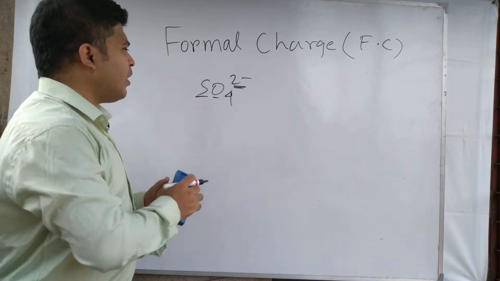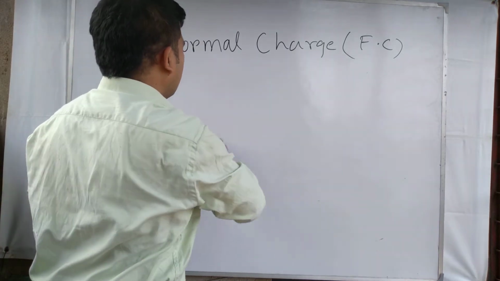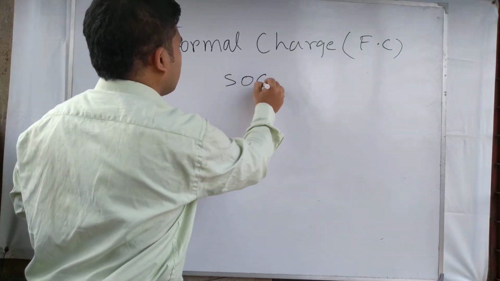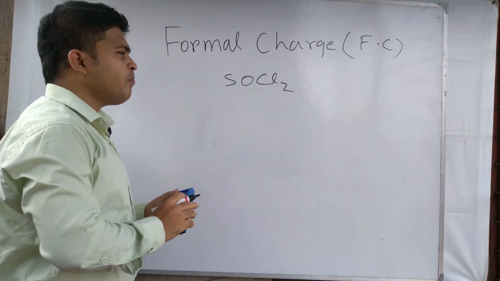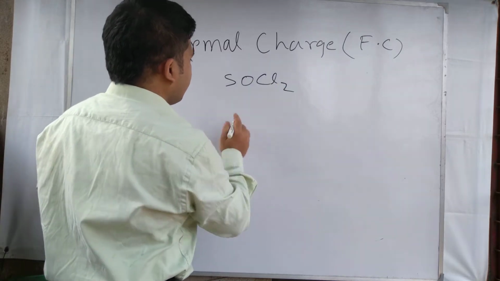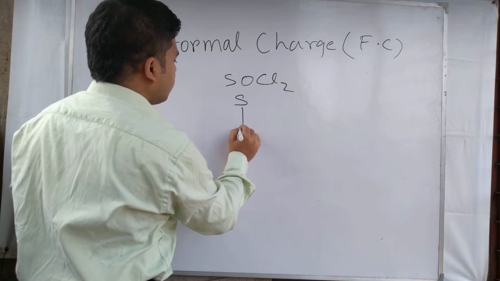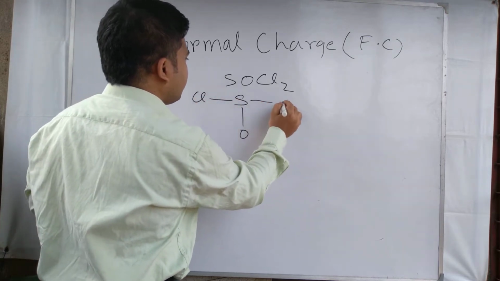So in an ion or molecule, suppose the SOCl2 molecule, we are taking the SOCl2 molecule. Here S, O, Cl and Cl.